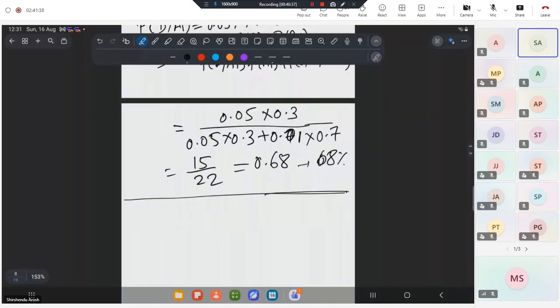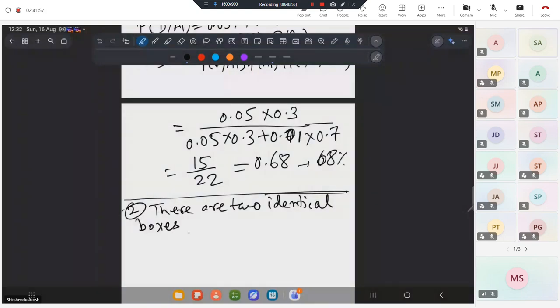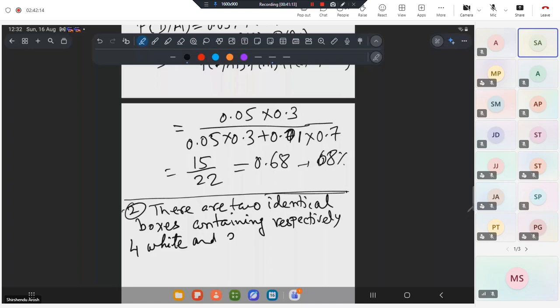So the second problem would be something like this. There are two identical boxes containing respectively four white and three red balls.